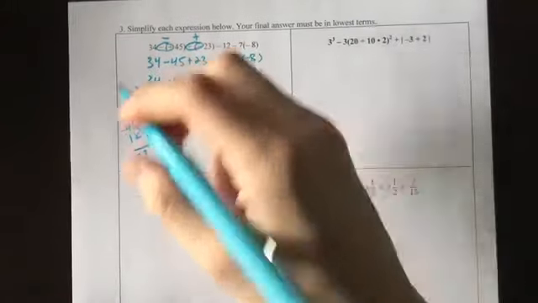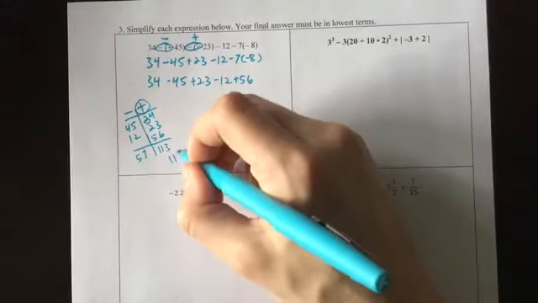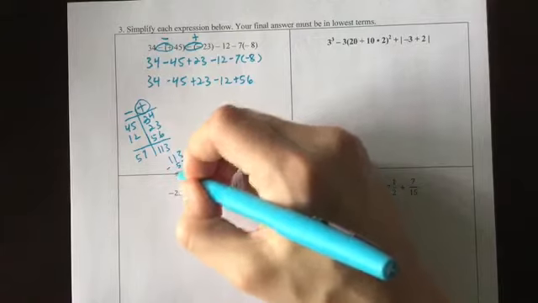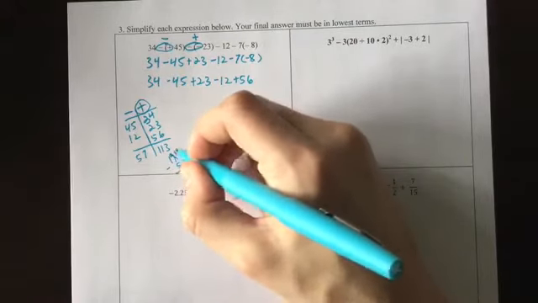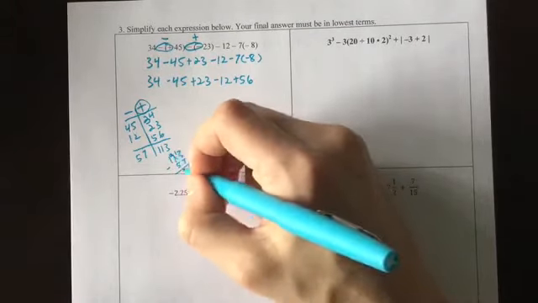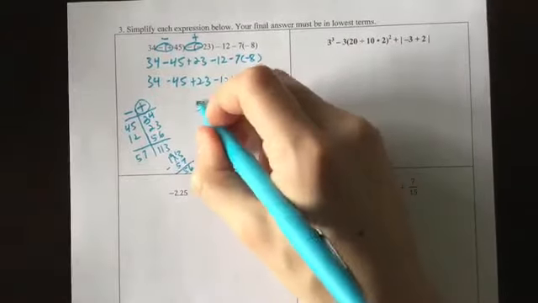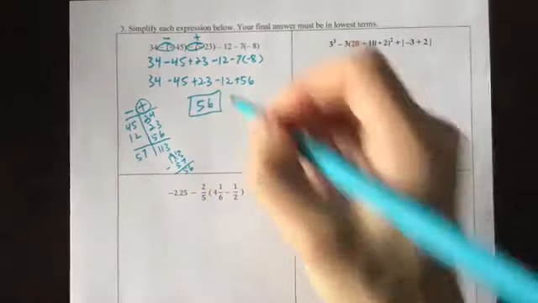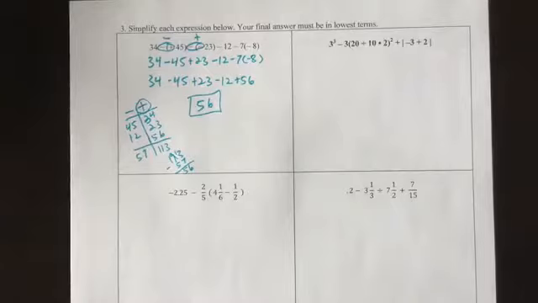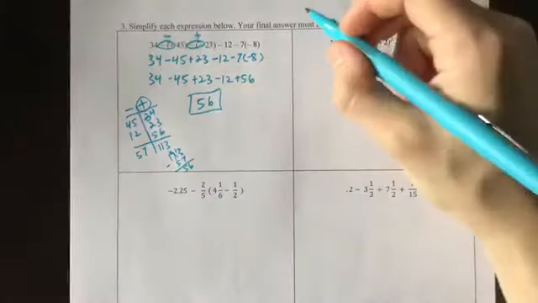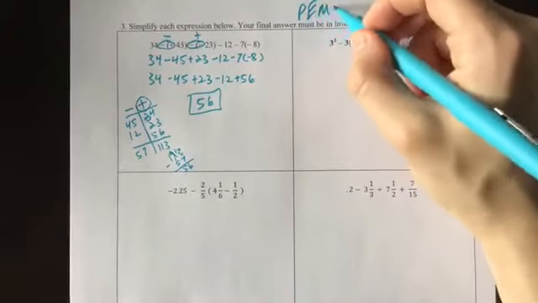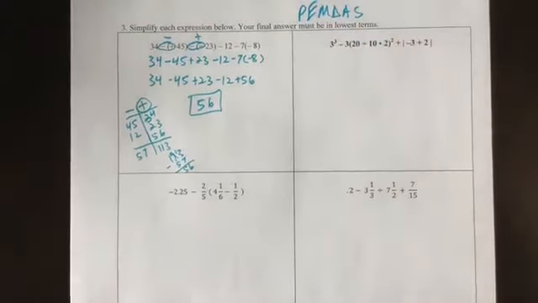I can see the positives are going to win, so find the difference, right? If you can't see the difference right away, go for our subtraction, right? Line it up there, right? So positives win by 56. And there's our answer.